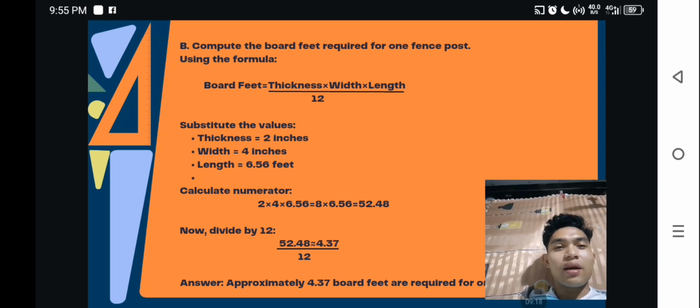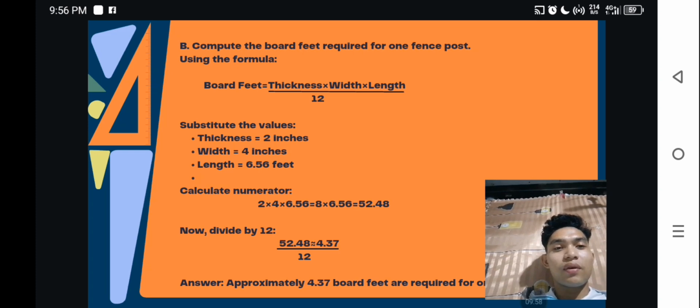First we calculate the numerator: 2 times 4 equals 8, and 8 times 6.56 equals 52.48. Now we need to divide by 12.